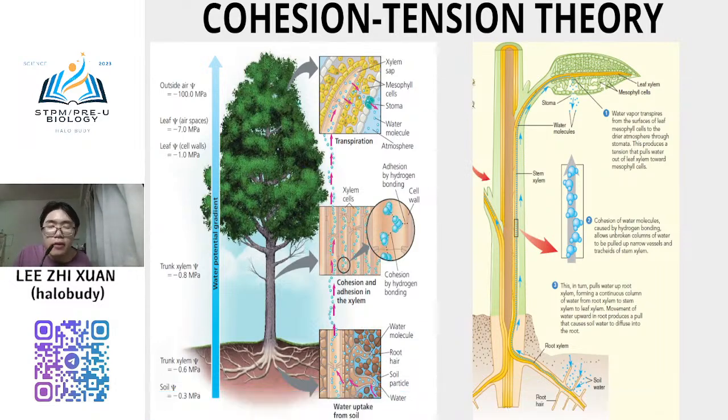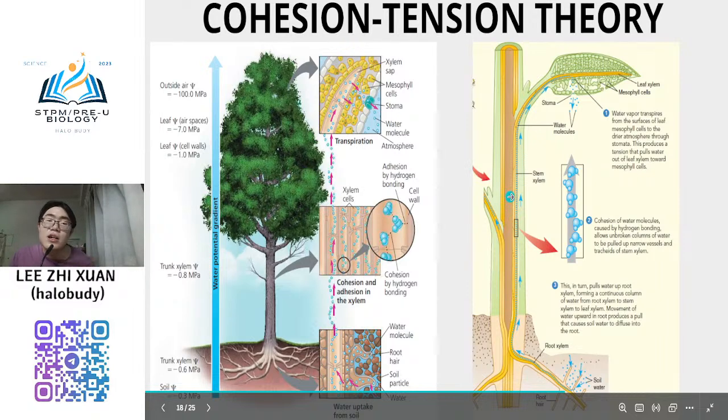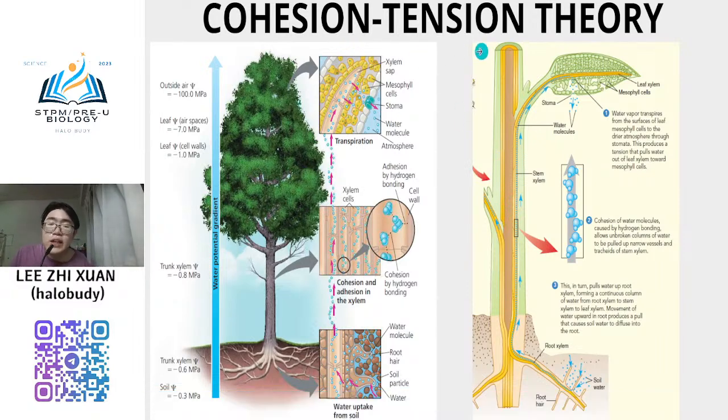This one is very important because in the exam, the MPM likes to ask this question, because this is a very long theory. You can write a long essay. Normally the cohesion-tension theory is related to the transpiration pull. This theory is due to the transpiration pull, so we can focus on the transpiration pull first.